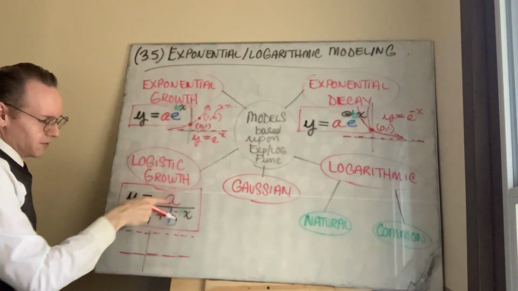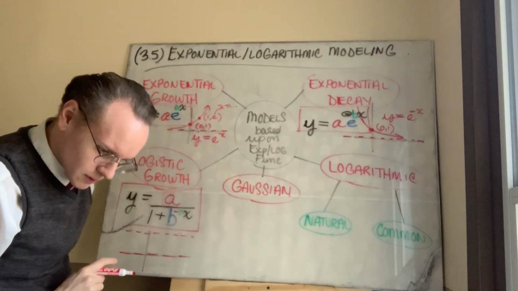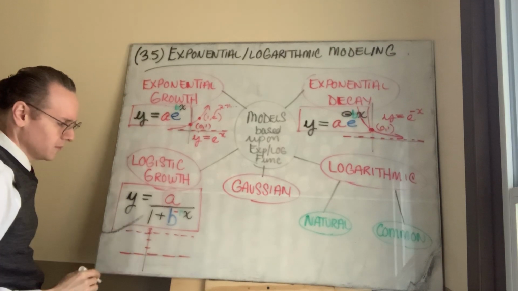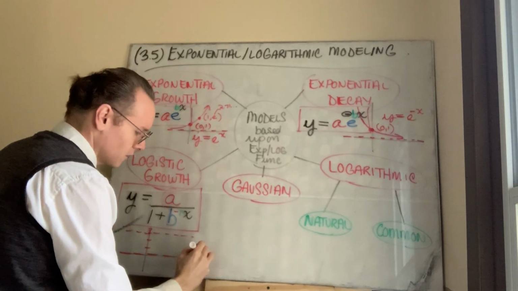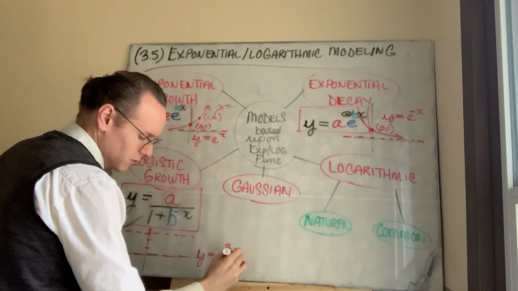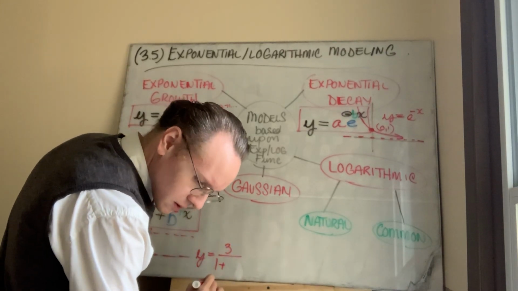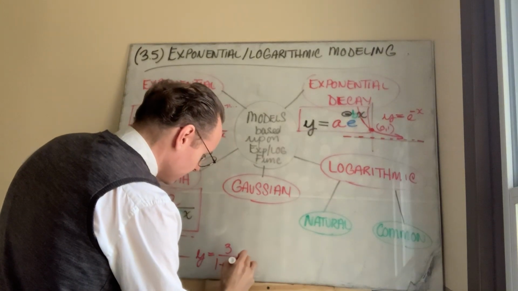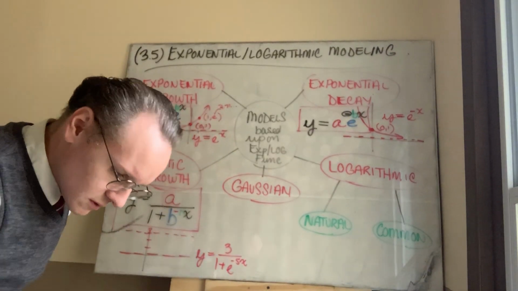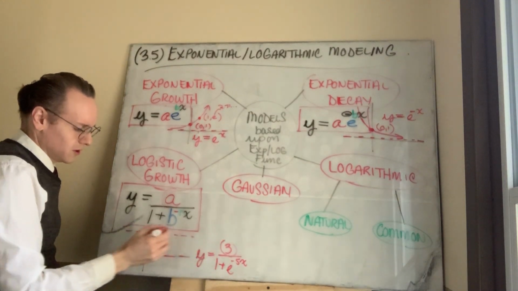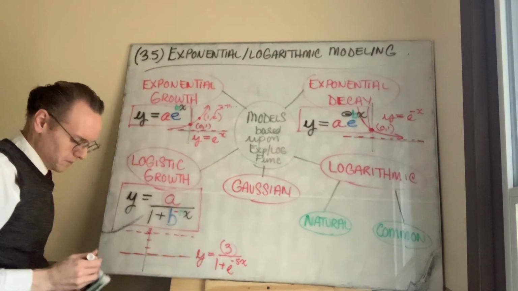So if this was, say, 3 here, then it would be at the location of 3. Here, as an example, y is equal to 3 over 1 plus e to the negative 5x, something like that. If you have a 3 here, here's your asymptote, it would seem.